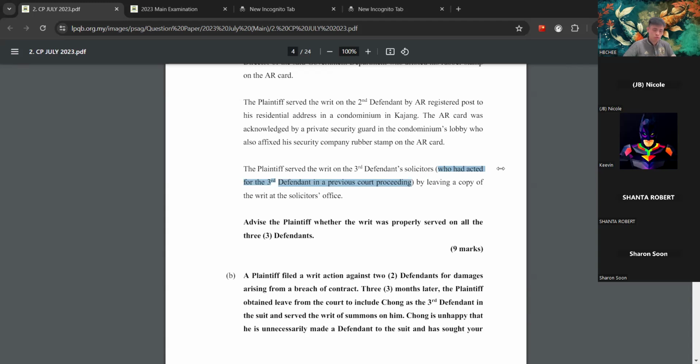This is what we have studied, conflict of interest. Then the third defendant will have to appoint a new solicitor. But in this question, they didn't mention this kind of facts, so we can only use the word assumingly. That is the reason why I use this word, because I am not giving you a very definite answer. I'm just giving you based on my assumption. Is that okay?